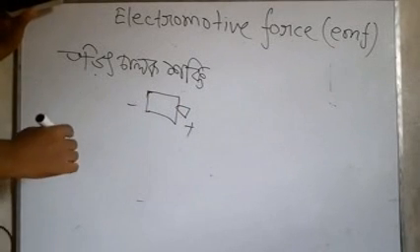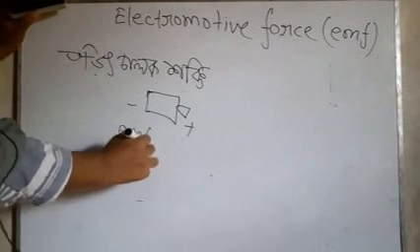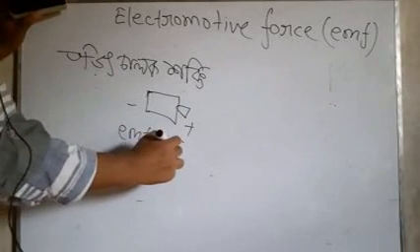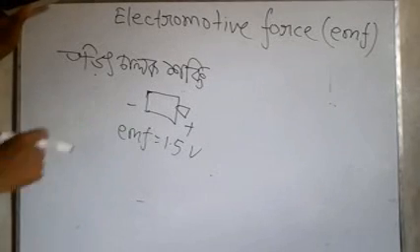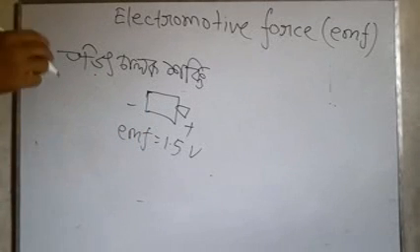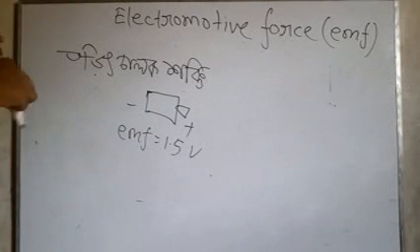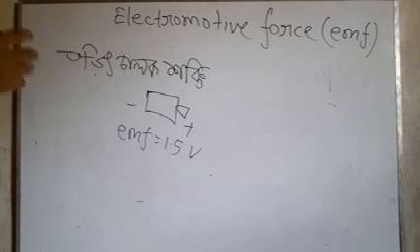Generally, we use Russell battery. The EMF of that battery is 1.5 volt, and due to this electromotive force, the flow of charge will be continued in a circuit. We may use a battery or generator to continue the flow of current in a circuit.